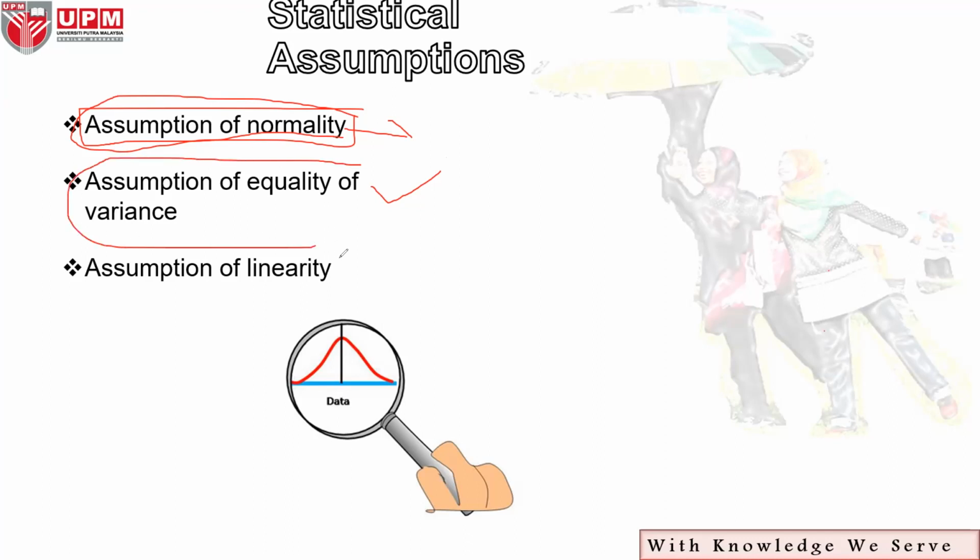Meanwhile, the assumption of linearity involves statistics related to regression, meaning that we want to check whether the relationship between the two variables is a straight line relationship, a linear relationship. And this one we will discuss more in the regression section later on.